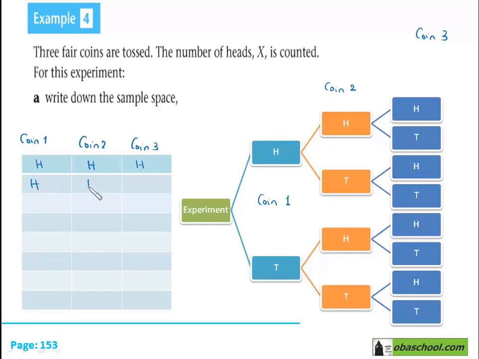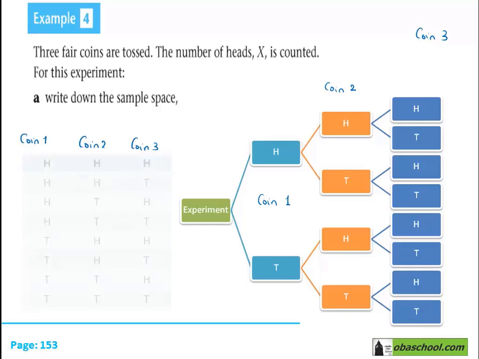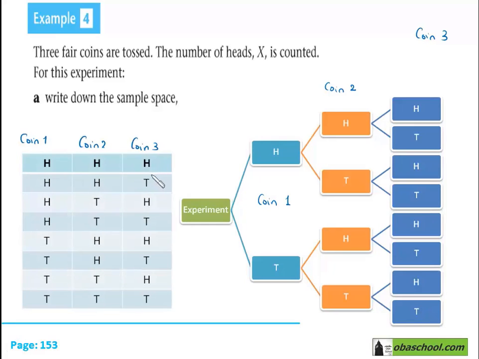Coin 1 head, coin 2 head, and coin 3 tail. Line 3. Coin 1 head, coin 2 tail, and then coin 3 we have head, and so on. These are the 8 lines if we read the entire tree diagram. So here we have all the possible outcomes, which are the sample space.